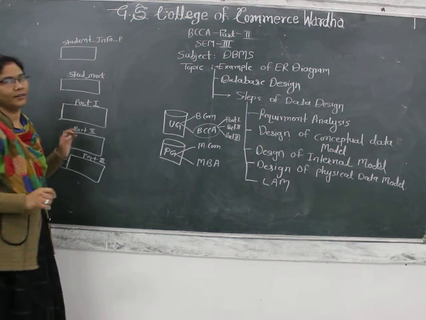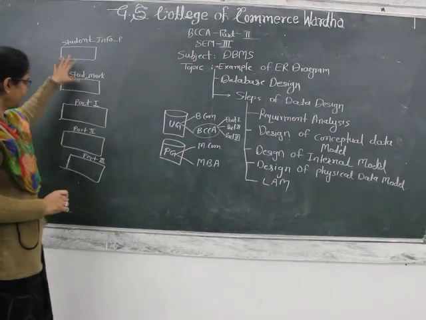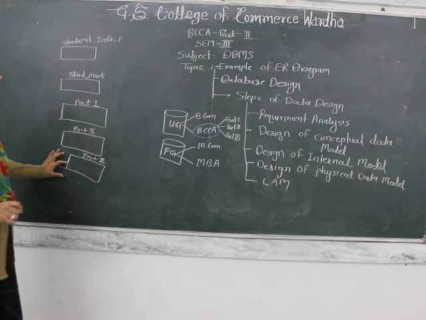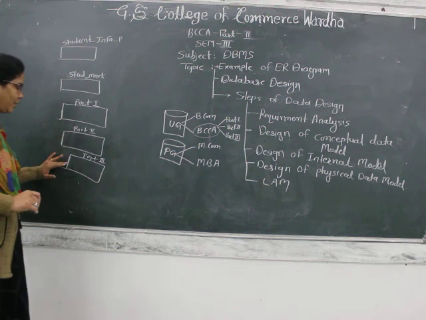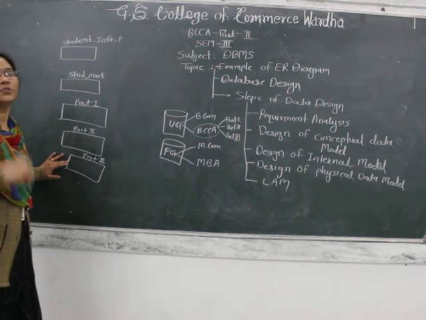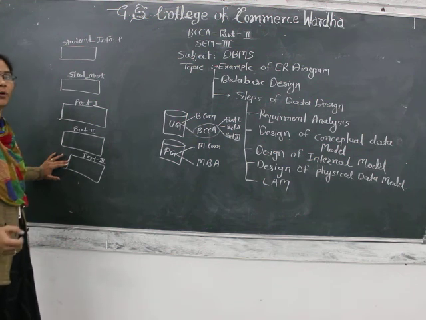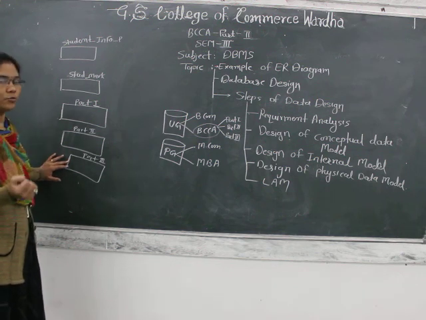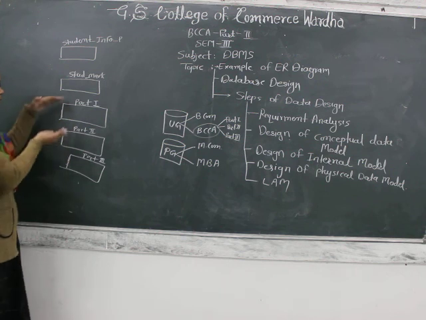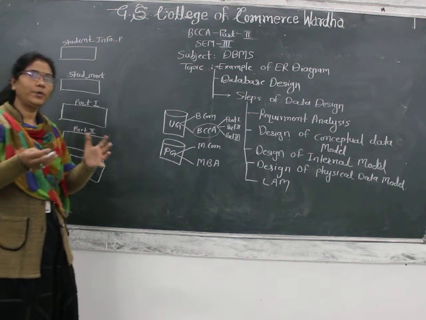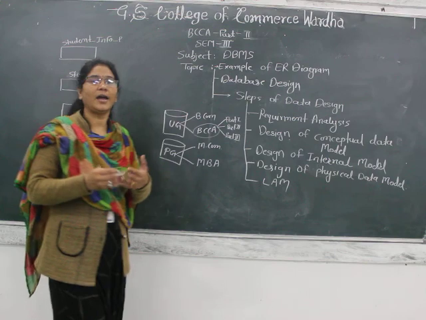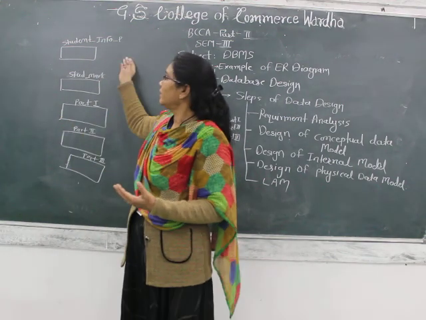Those are the entities. But when we decide the entities like this, part 1, part 2 and part 3, how many attributes or fields are there, and what data do we have to store in part 1, part 2 and part 3? So basically we have to decide the attributes also when we decide the entities.